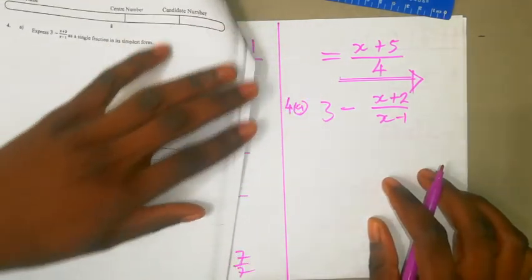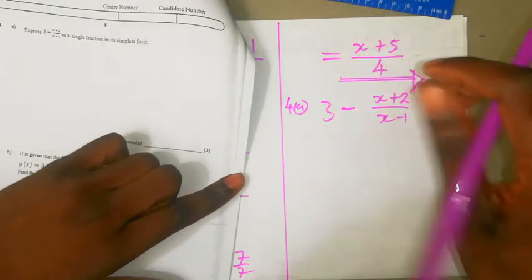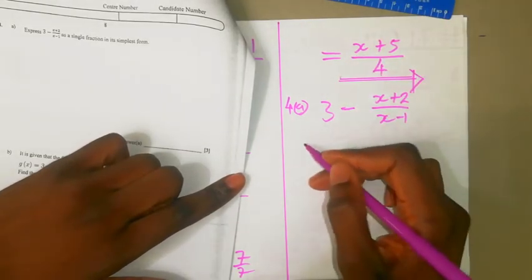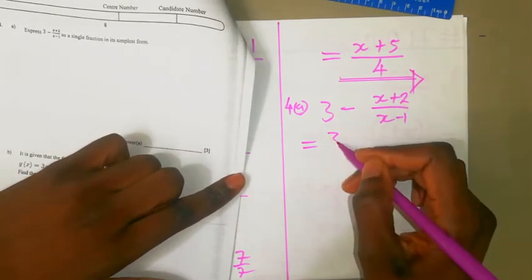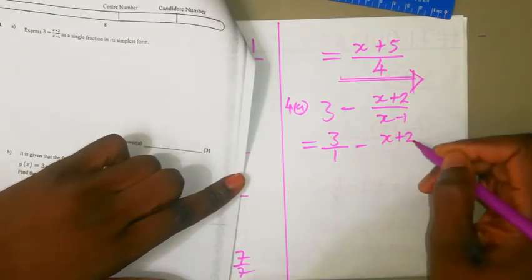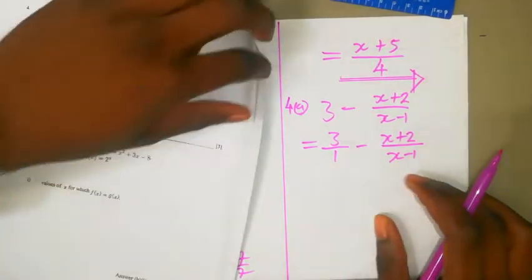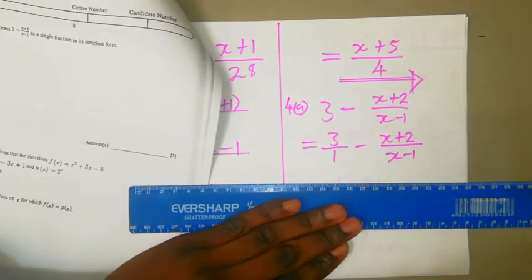As I said earlier on, this is not yet an algebraic fraction. Let's create a fraction first. So our first step is equals to 3 over 1 minus x plus 2 over x minus 1. Then common denominator.